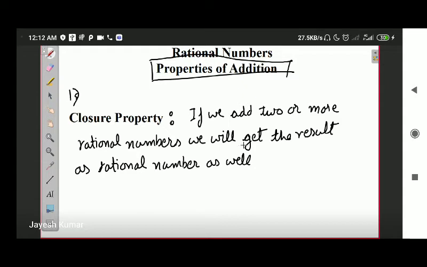Let's take an example. I have 2 upon 5 plus 3 upon 5. As you might remember, since the denominators are the same, we write down the denominator as it is and add the numerators with their signs. Now 2 plus 3 is 5, so the number becomes 5 upon 5.